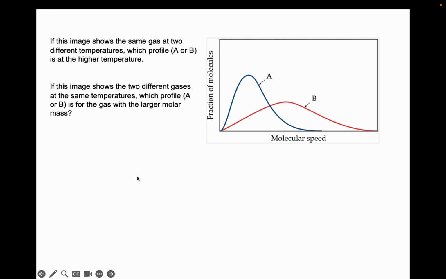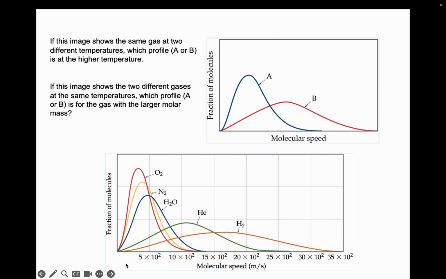What was going on there? If we look at these profiles, we could consider them to be reflecting aspects of the temperature, where the higher speeds corresponded to the higher temperature. If the temperature was the same but the masses were different, this would be the data. We see the same kind of profiles being shifted to the right, but we see the ones that have the smaller molar mass have a higher speed.